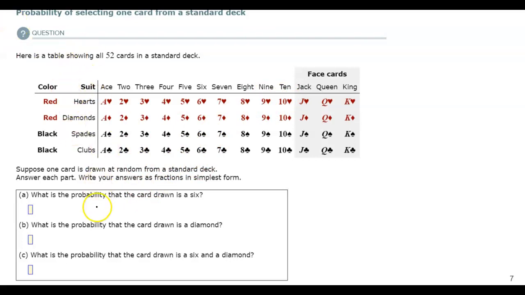It wants a fraction, so probability of a 6 is going to be out of 52. So there are 1, 2, 3, 4 sixes, which is going to get us 1 out of 13.